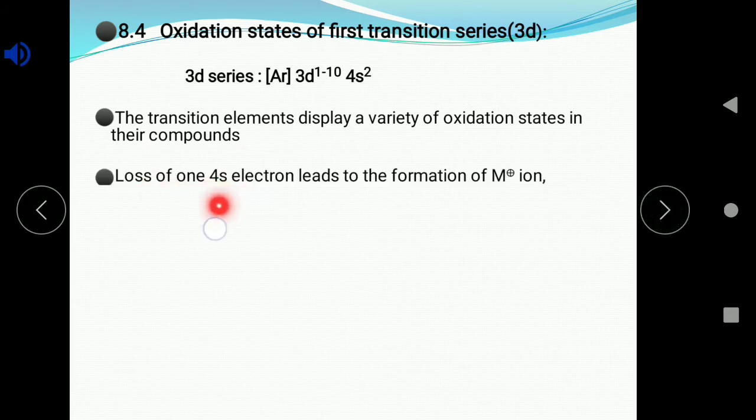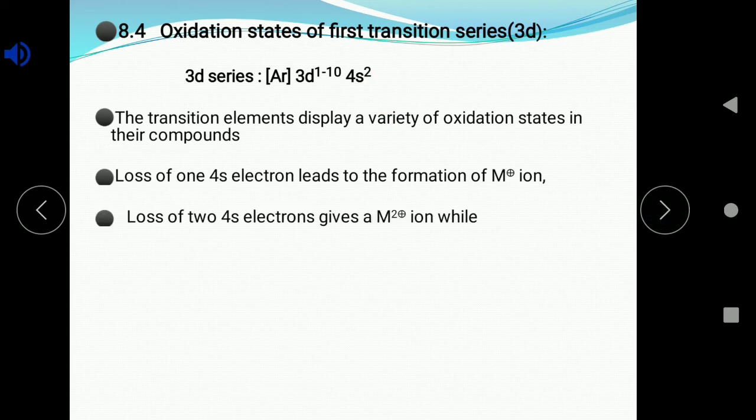If one of the 4s electrons is lost, that means donated, it will form M plus ion. If 2 electrons are lost, it will form M plus 2 ion.